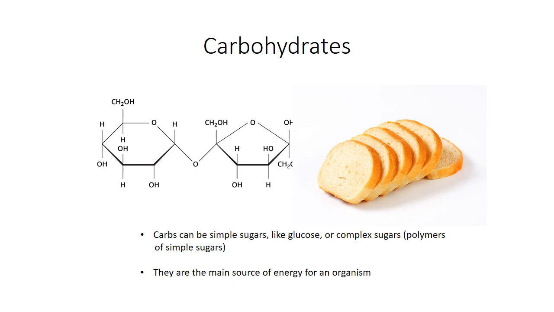Complex carbohydrates contain polymers of simple sugars. So they are complex sugars. For example, starch, a fragment of a starch molecule is shown on the left. It has many glucoses bonded together into a chain.